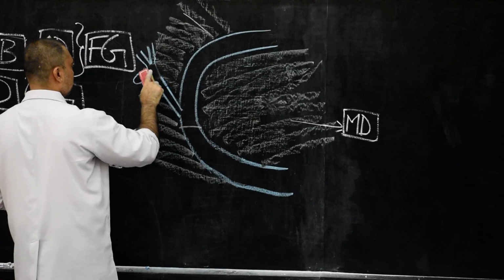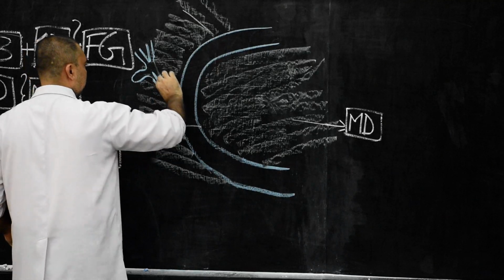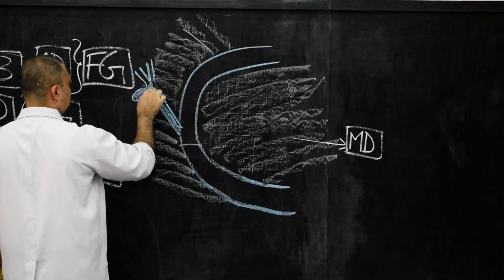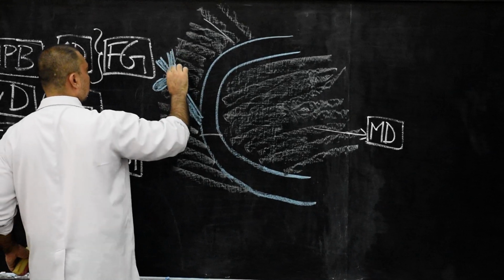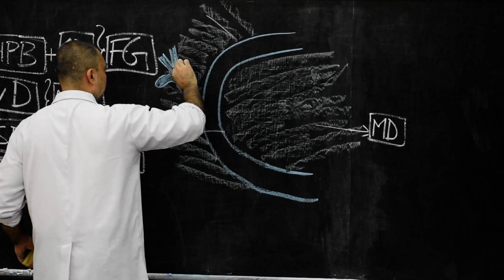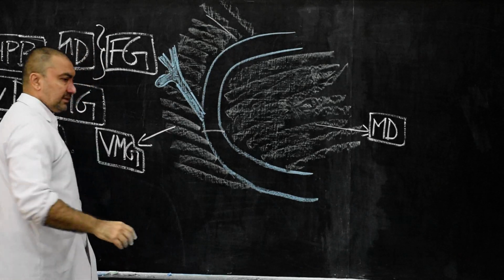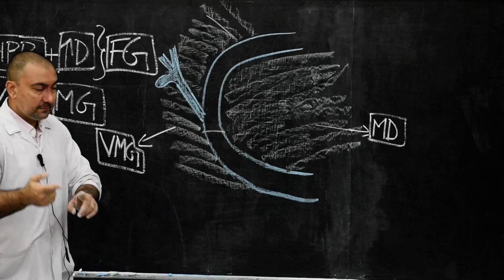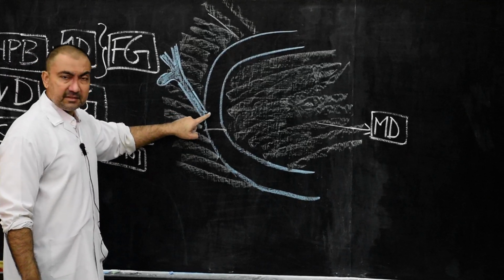This is how you have to show it. You put some color inside, and this hepatopancreatic bud is nothing but proliferation of endoderm of the foregut above the anterior intestinal portal.